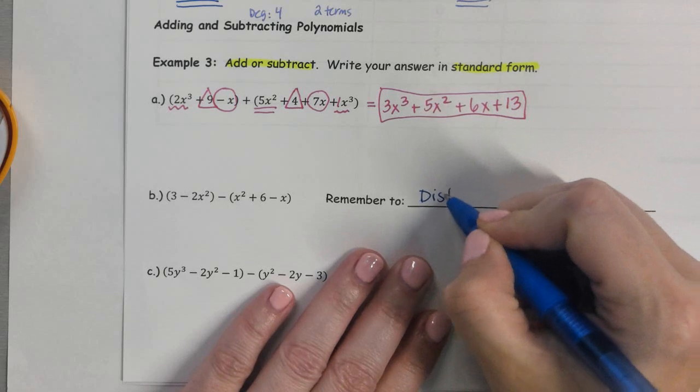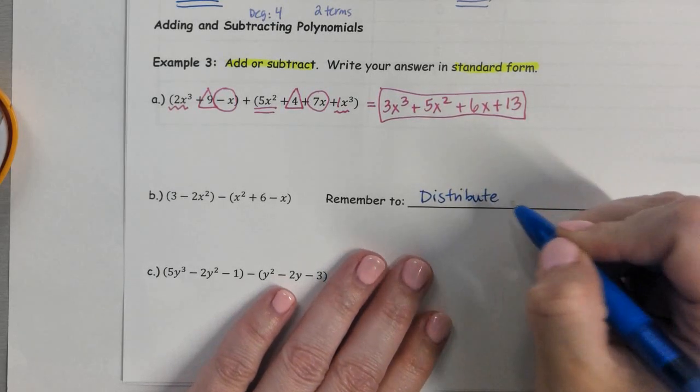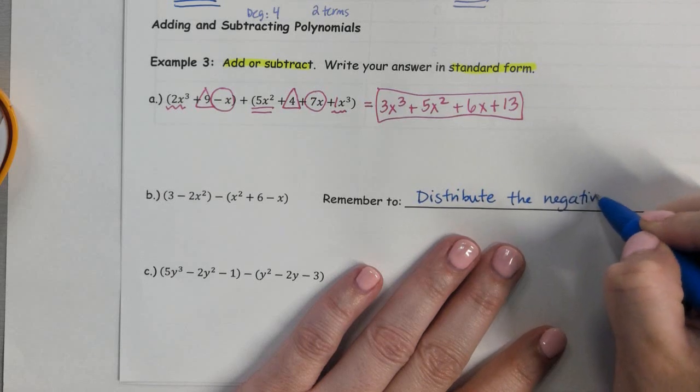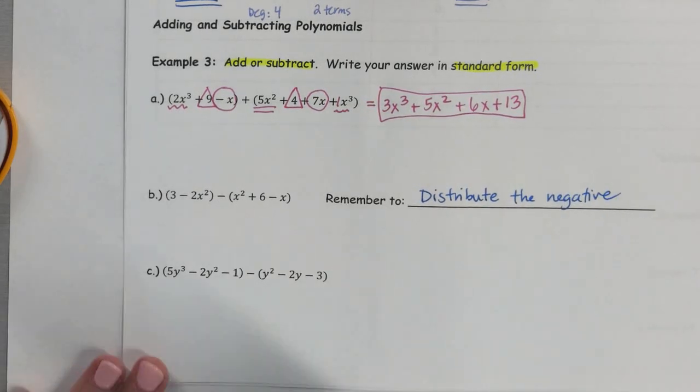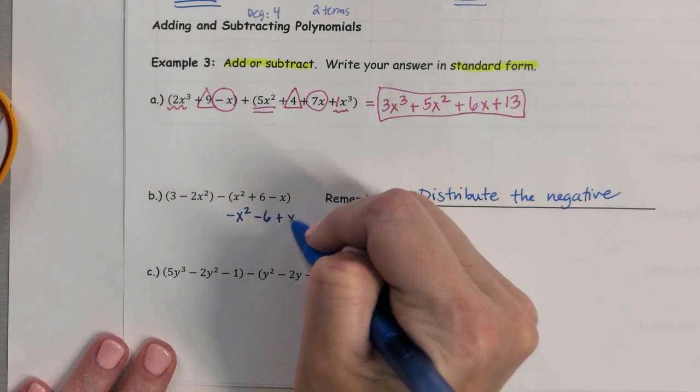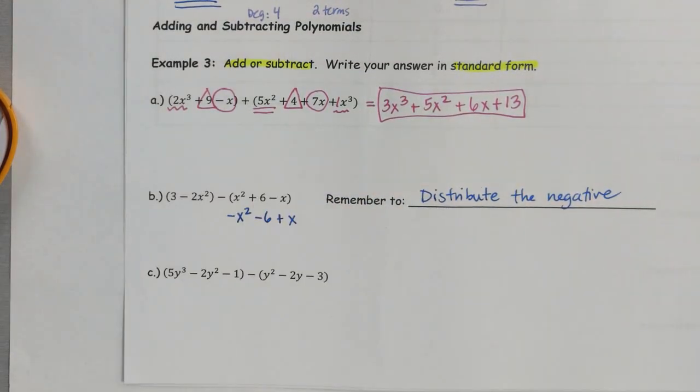Do you remember that from 2.9? With the eyes? Good. Okay, so let's distribute that negative. I like to just write it underneath, and then I do the same process where I underline those terms. Go ahead and do B and C. Let's see how we do.